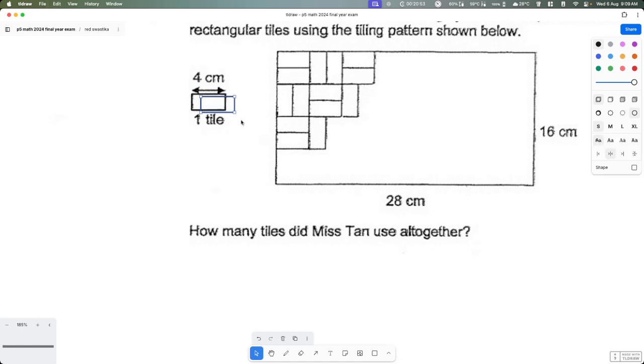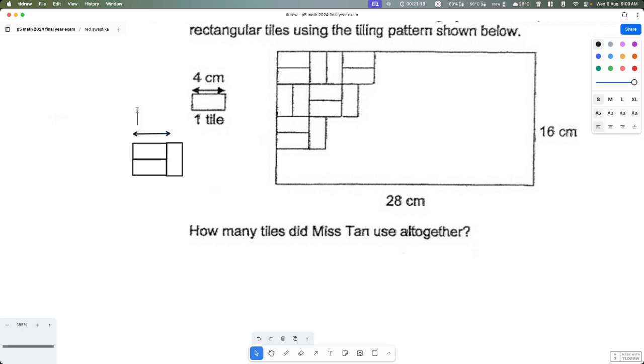So we know that one tile and two tiles over here is equal to one tile. I'm going to rotate it, so I want to be exact like this. It looks like this. A little bit too far to the left, so like this. And then we also know that this is 4 centimeters. So I'm going to draw an arrow.